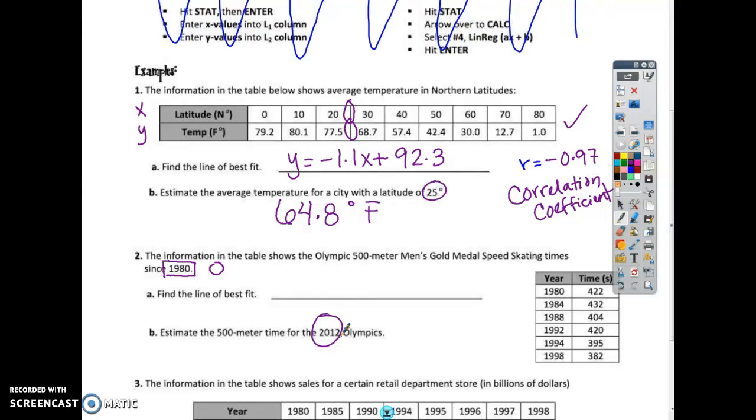Do 2012 minus 1980, and that'll give you what year this was. Did y'all subtract already? Are we subtracting? 2012, 32 years. So we're looking at what happened at 32 years.